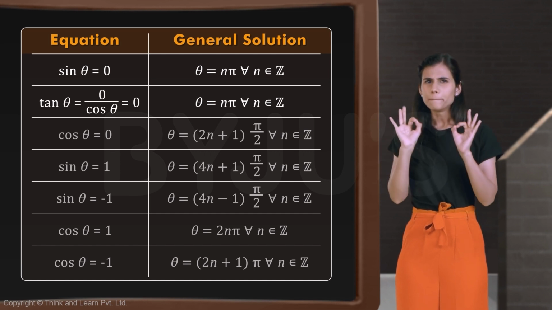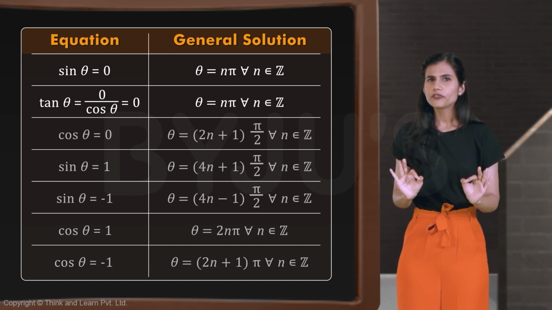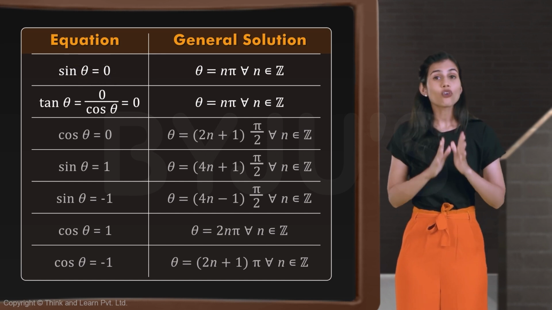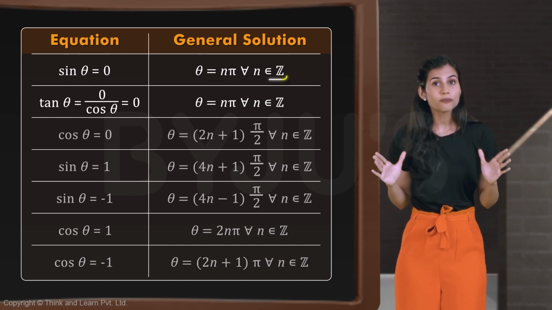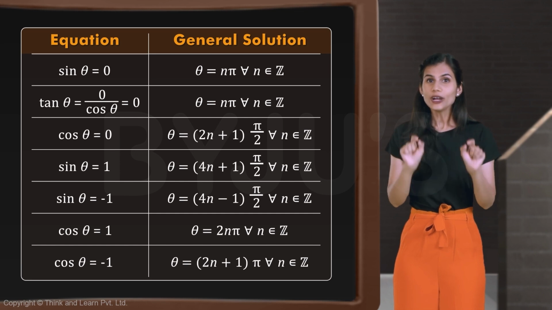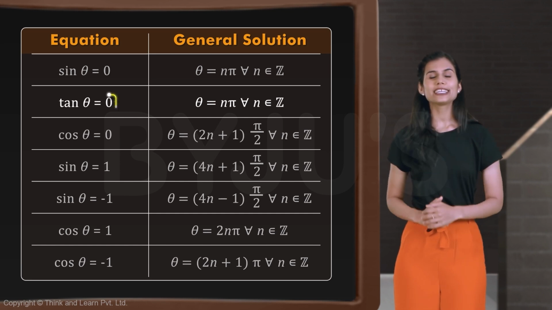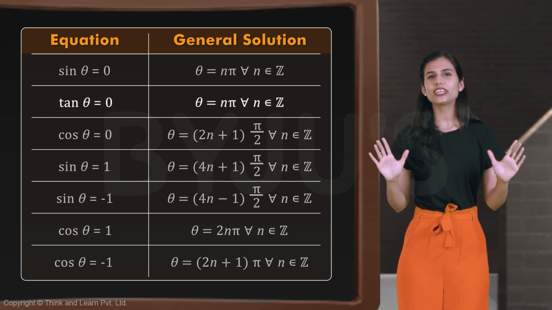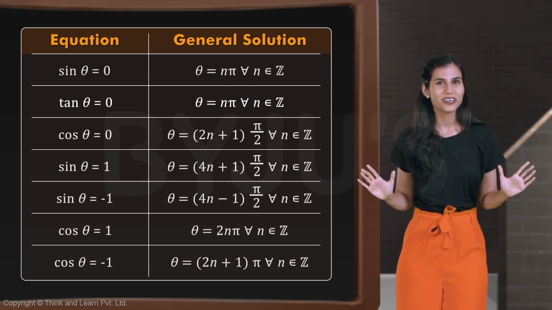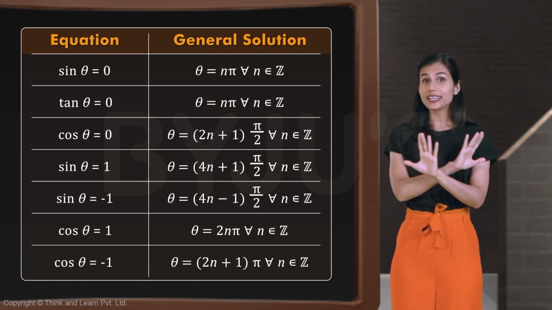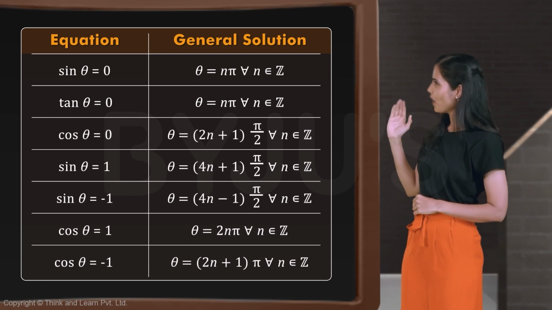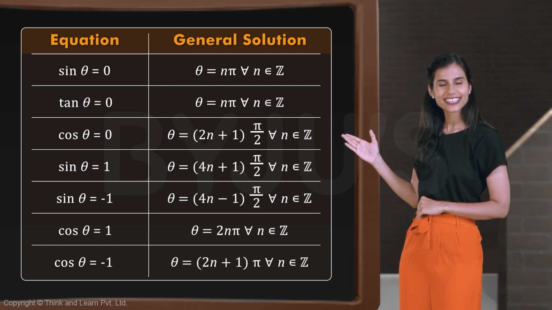Absorbed? But we have already proved that sine is 0 at all the integral multiples of pi. So, tan will also be 0 at each and every integral multiple of pi.